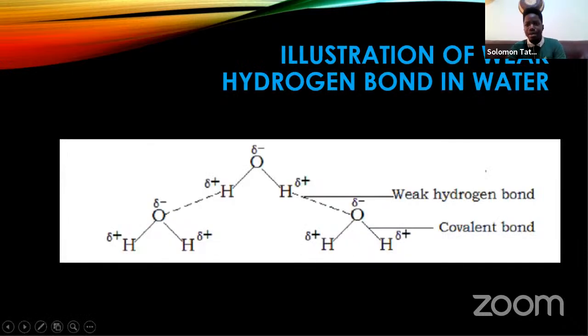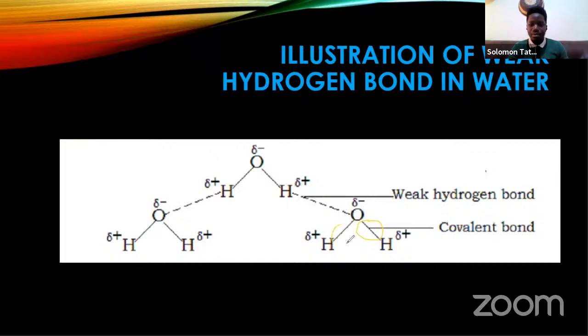Another one here is an illustration of weak hydrogen bonds in water. Here is another simple molecular structure. Again, we see the atoms in water are held together by strong covalent bonds.